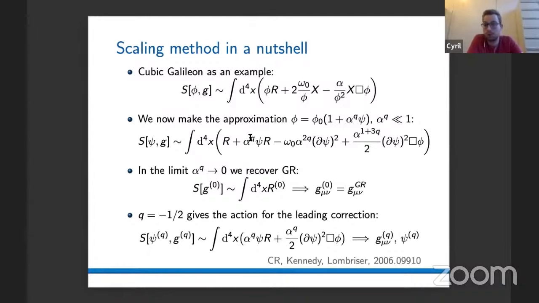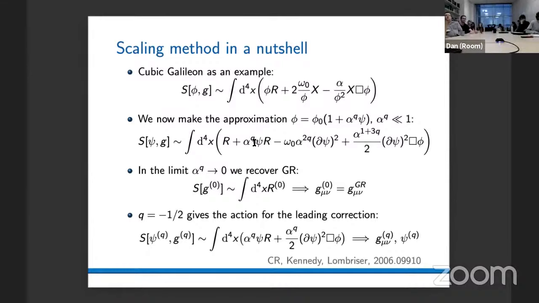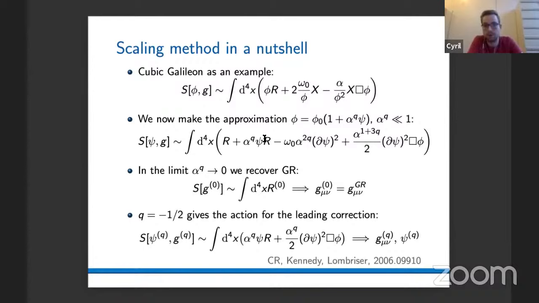Now, if we choose q such that those two terms do not have the same order, it would lead to inconsistencies. Typically, if this term were the leading contribution, the equation of motion for this scalar field psi would be a constraint. It would be r equal to 0. And this is similar to saying that the energy momentum tensor is 0.